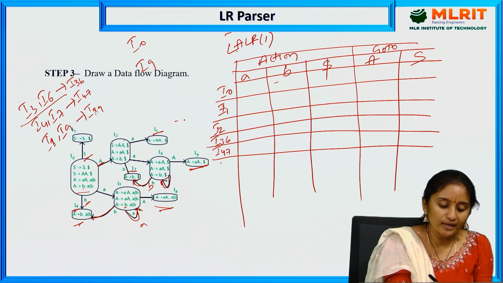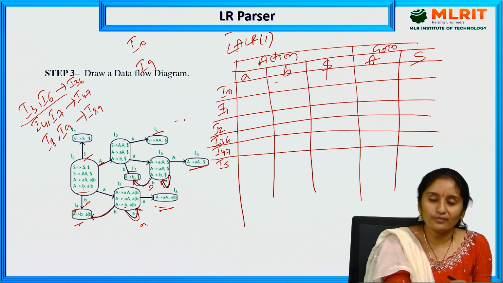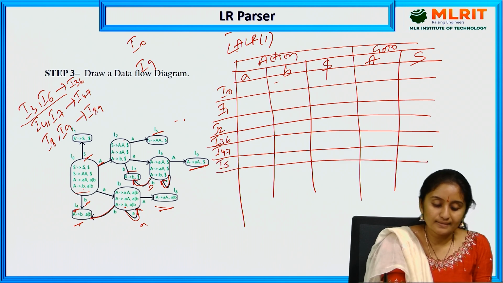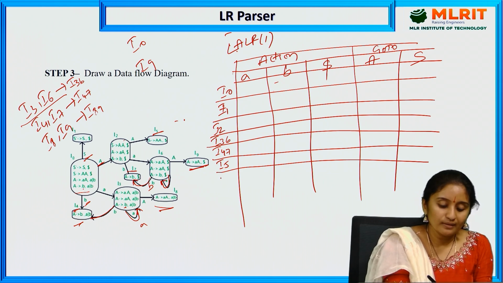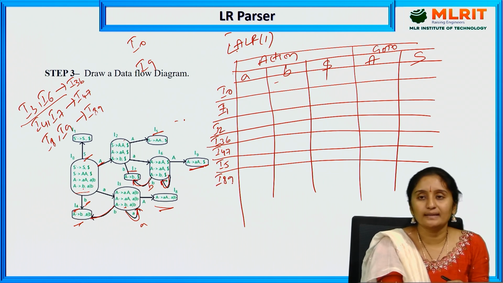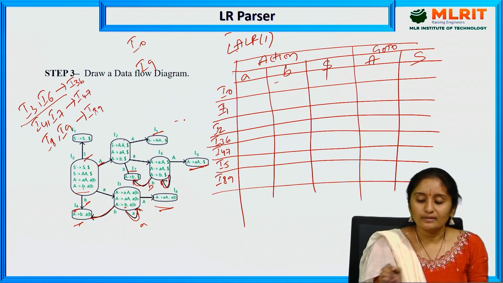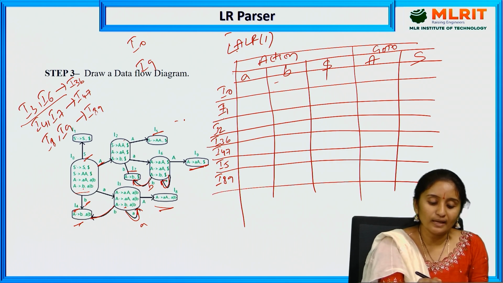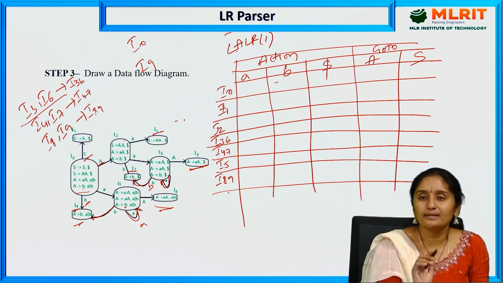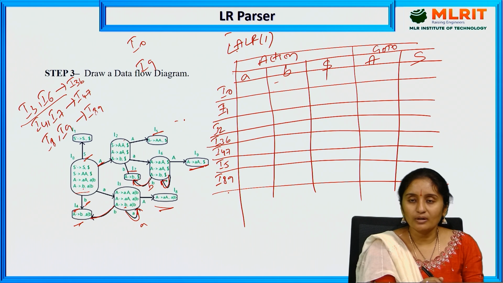Next, I5 has no merging. I6 is already merged, I7 is already completed. The next one is I89. So these are the states, and we write them in order: I0, I1, I2, I3, I4, I5, 6, 7, 8, 9.